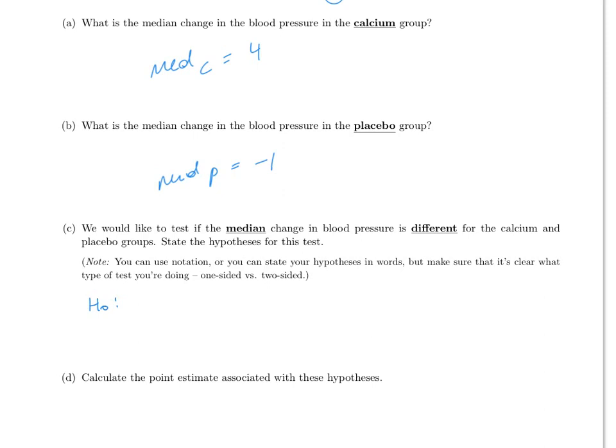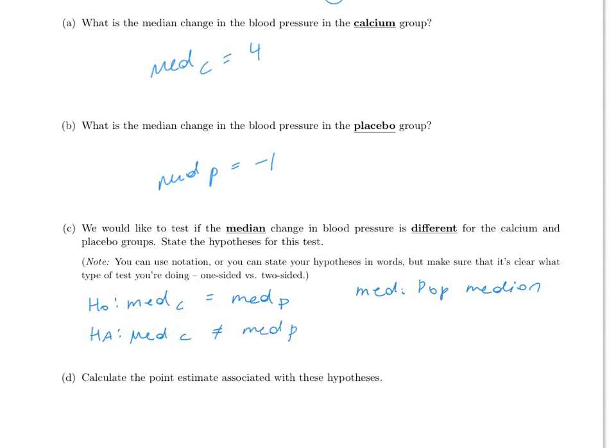Median of C equals median P. The two medians are equal to each other, right? And let's define median as the population median, because we're not talking about these sample medians here. We don't have a good notation like mu and x bar for median, so let's just define that. What's my alternative hypothesis going to say? Median C does not equal median P, right?